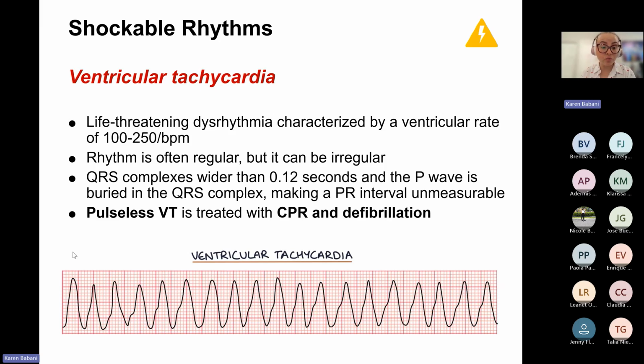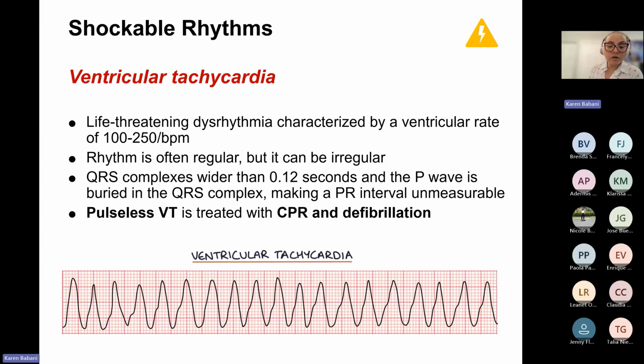Obviously measures more than 0.12 seconds. There is no P, we cannot recognize it. Sometimes it's buried, like maybe there you see a little elevation around here, but that's not a real P. Sometimes you cannot really see it. There's not a visible or noticeable P wave. And obviously you cannot measure a PR if you don't have a P.